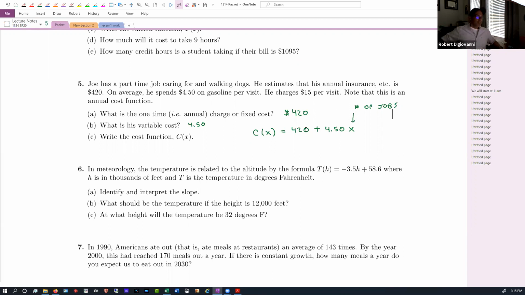Now, there is something that we could include in this, which would be revenue and profit, but it wasn't asked, and this is not a business math class, so we're not going to get into revenue and profit. So we're just going to answer the question and move on. The big thing is I wanted you to see that this $15 did not play a part in this question at all. So sometimes there's information there that's irrelevant.